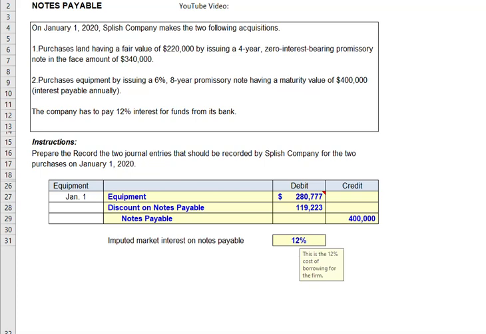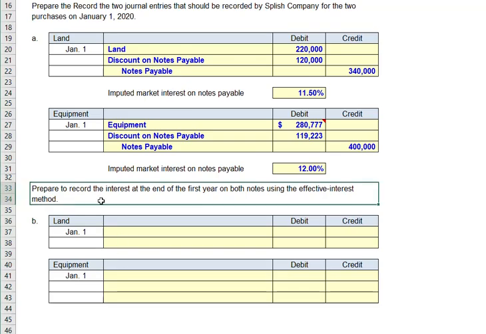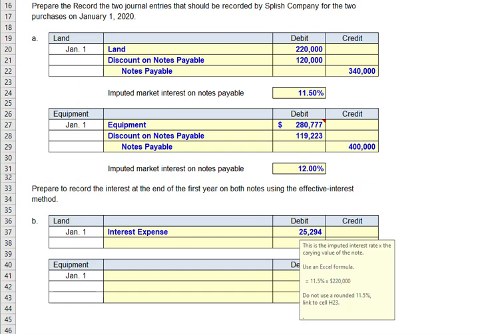And again, 12% is the imputed interest rate on the note, and that was simply coming from the company's normal cost of borrowing. Let's go ahead and look at the journal entries that we need to record at the end of the first year on both notes using our effective interest rate method. On the land, we will record interest expense of $25,294.